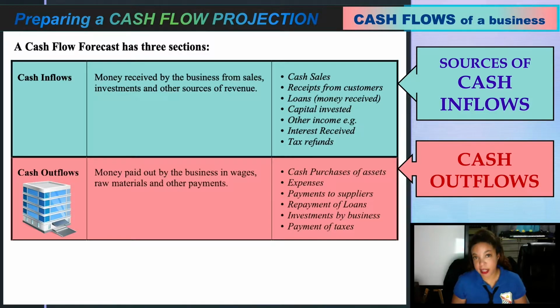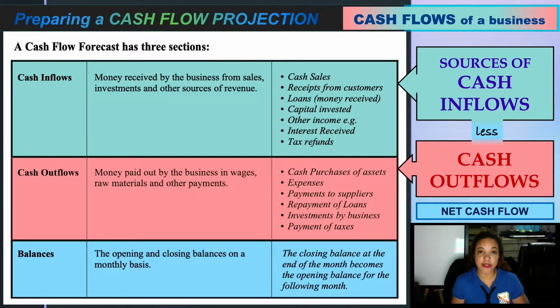And then the final section starts off with finding what our net cash flow is. So we have cash inflows and we have cash outflows. If the cash inflows exceed the outflows, that means we have a positive cash flow.